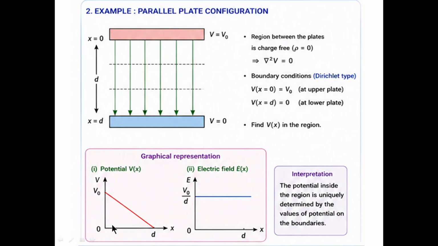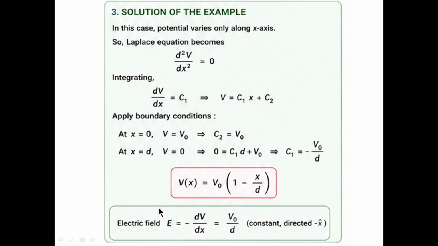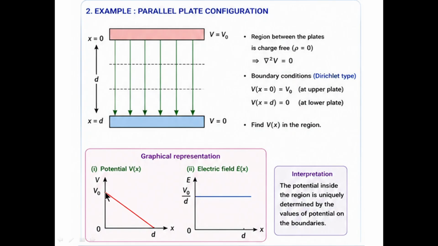So with the increase in value of x, at d we have potential equal to 0. As we put here x is equal to d, then we get 1 minus 1 is equal to 0, so potential is 0. So there is a linear decrease in potential value.